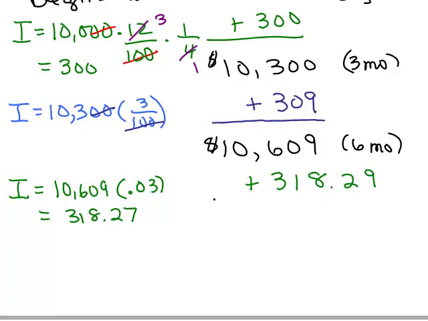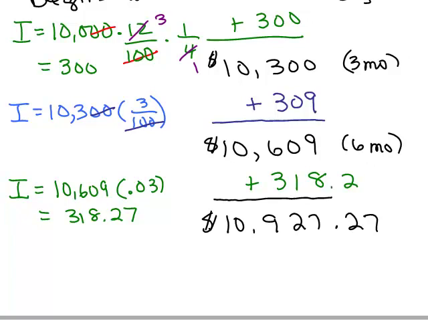So I now have, after 9 months, let's see, 10,927, and actually that was 27 over here. I just wrote 29 for some reason. That's how much he has after 9 months.